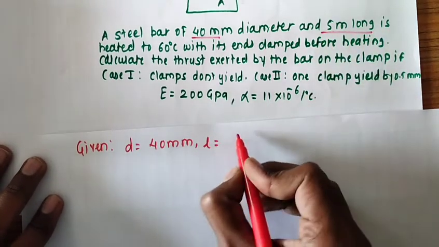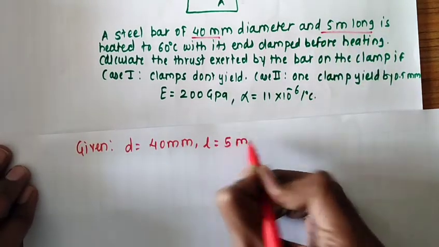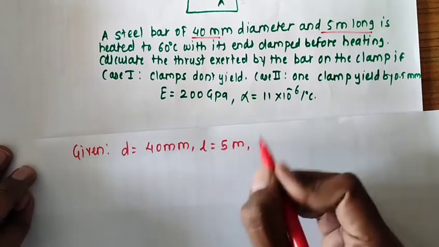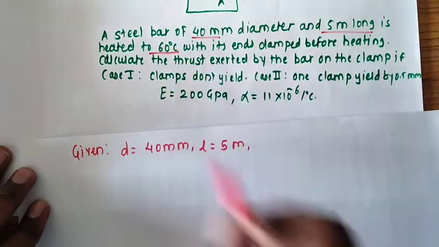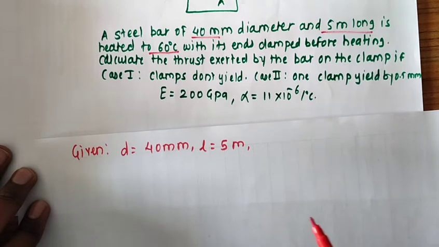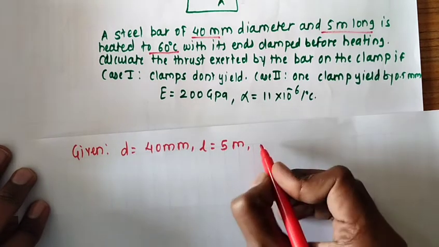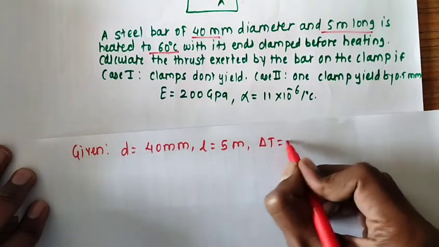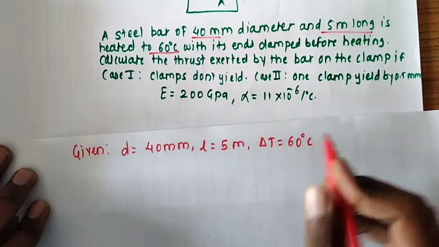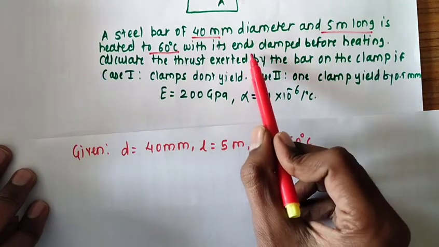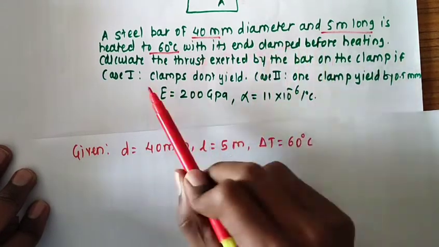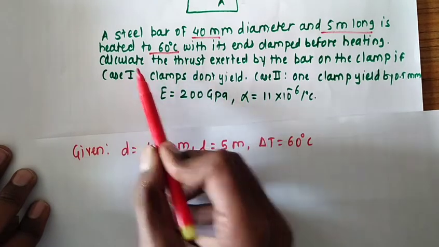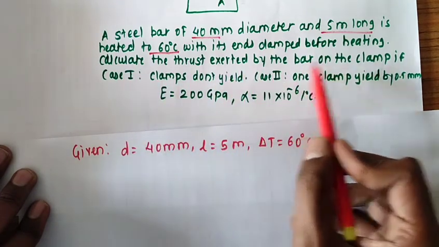Length of the bar is 5 meter and it is heated to 60 degrees Celsius. So temperature is increased by 60 degrees Celsius. So delta T is equal to 60 degrees Celsius, with its ends clamped before heating. Calculate the thrust exerted by the bar on the clamp.